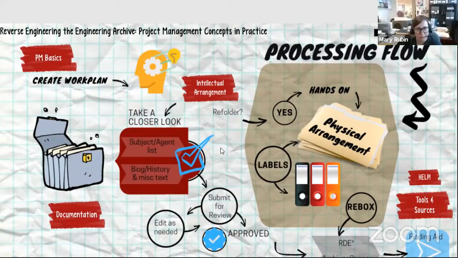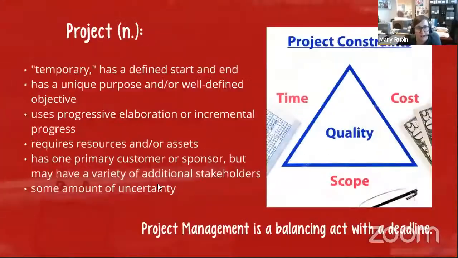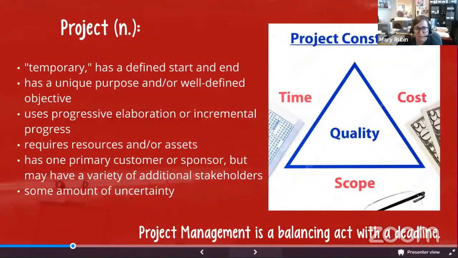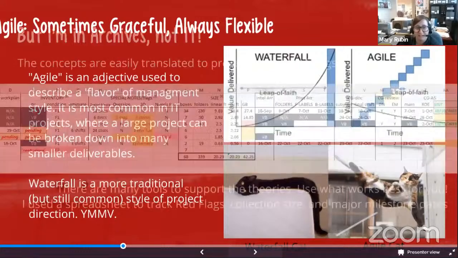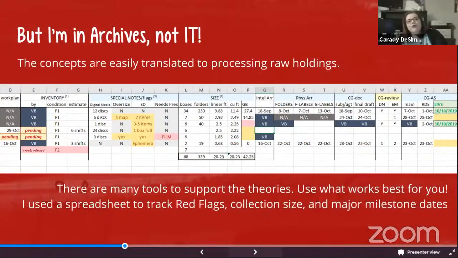So when you were going through the project management basics and you were showing off in Excel, you mentioned that you were able to track what was working and what was not. Is there anything that you recall that was not working? The most difficult thing for me was coming into a collection halfway.